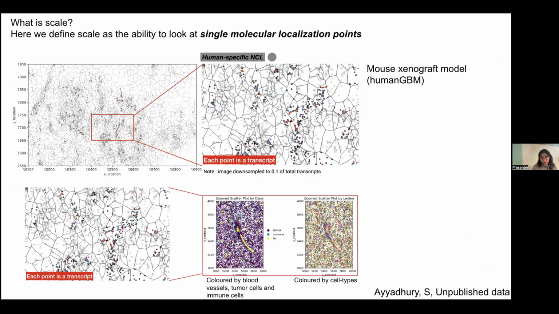And here, my scale has become the transcript itself, or the point itself, that point that is supposed to represent a transcript. So which scale is important to you? These are things that you have to think about.